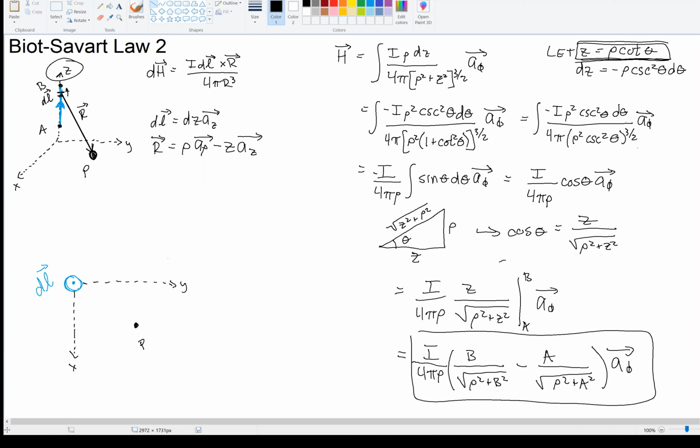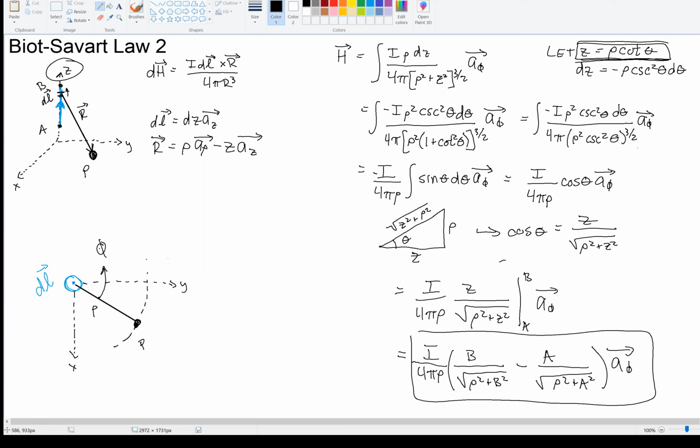And your field point you see somewhere in space, this point P right there. And so you have this vector, and that was rho. That was the distance away your point P is in the xy plane. So that's rho. And then this is the phi direction, right? And so this thing would sweep out an arc like that.